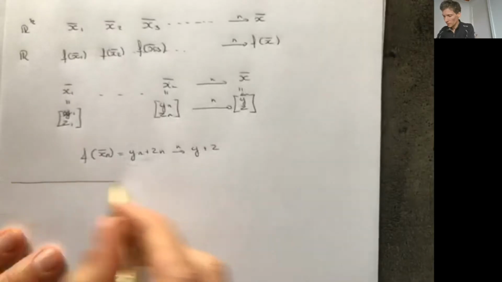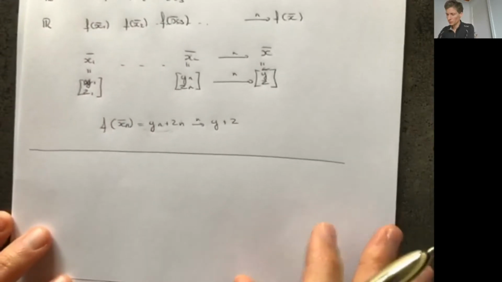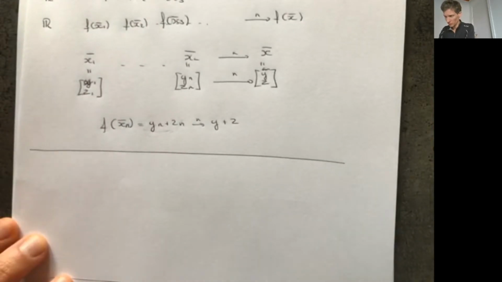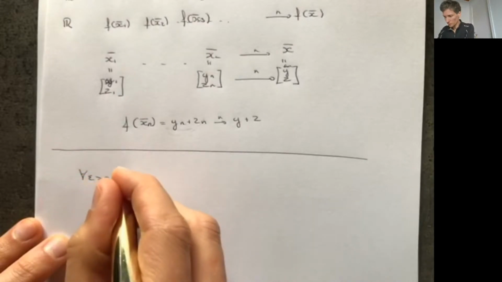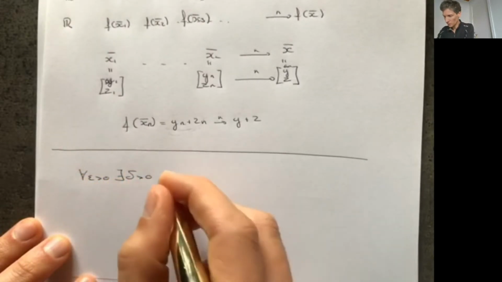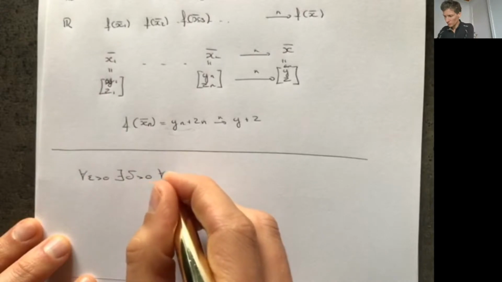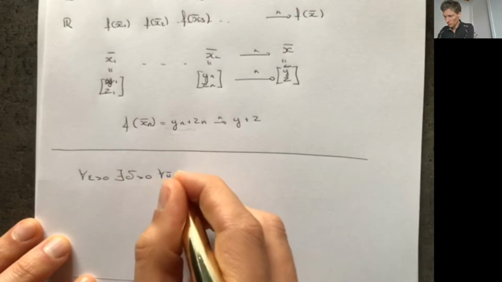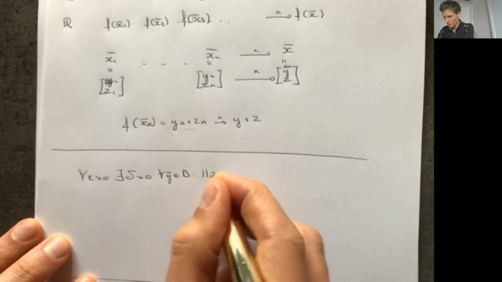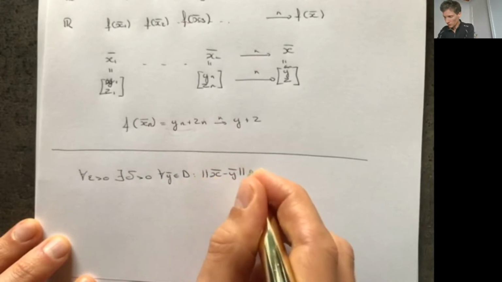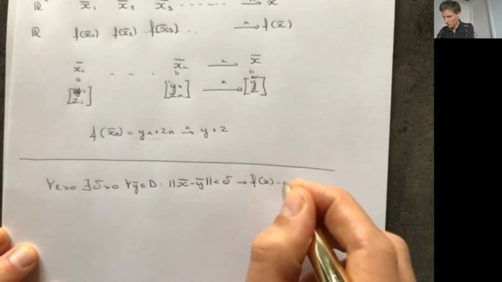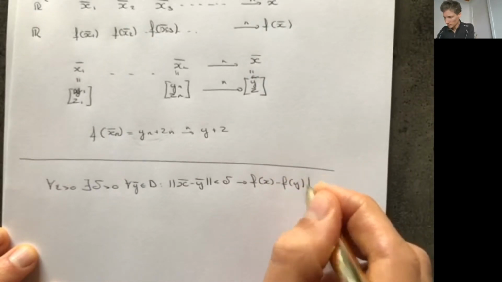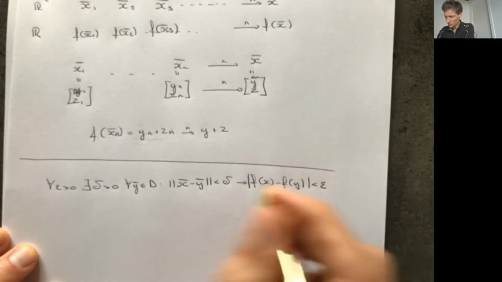So in many handbooks, you also see the equivalent definition, which is the following, that f is continuous at an x in the domain if for all epsilon bigger than 0, there exists a delta bigger than 0, such that for all y in the domain, if the distance between x and y is smaller than delta, then the distance between f of x and f of y is smaller than epsilon.